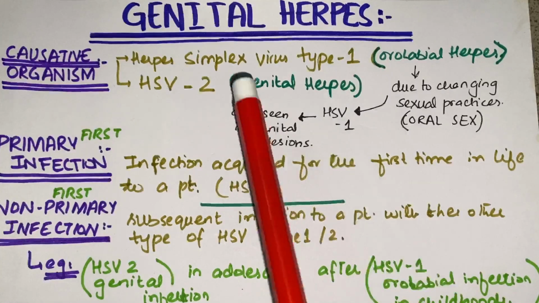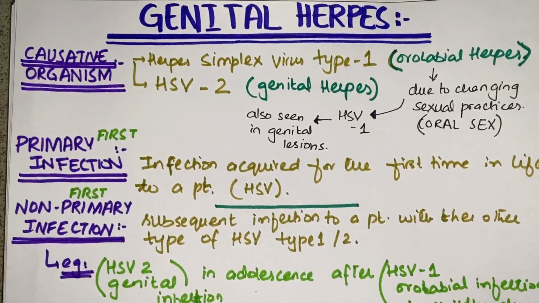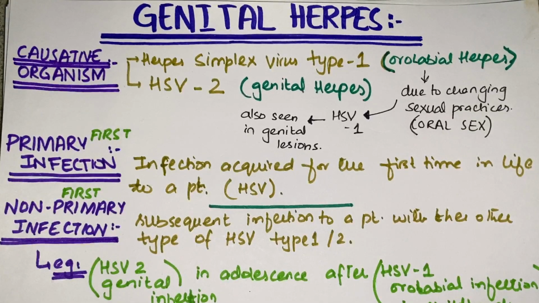HSV1 is also called orolabial herpes, which most commonly infects the oral cavity or lips. But nowadays our sexual practices are changing, including oral sex, so HSV1 can also be isolated from the genital lesions in a patient. This is an important point.